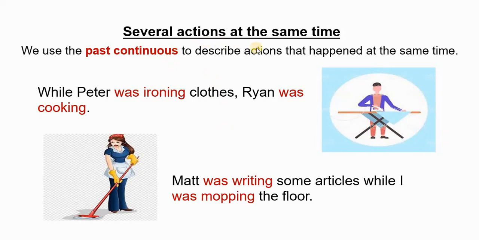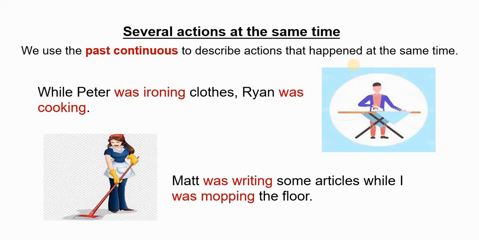Several actions at the same time. We use the past continuous to describe actions that happened at the same time. And these are obviously actions in the past, and they are actions which have the same length.